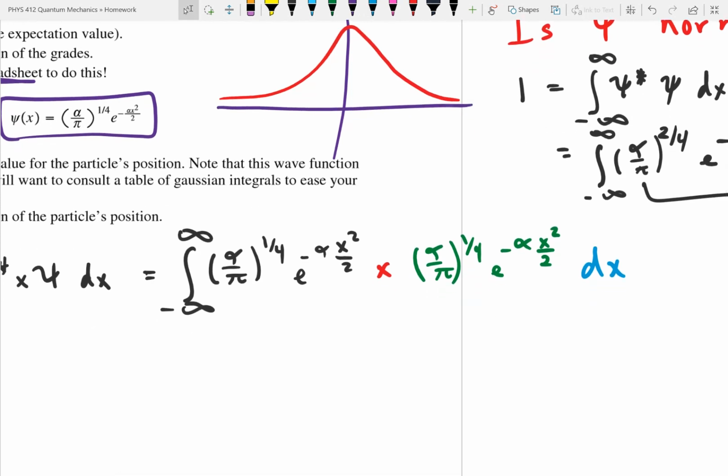And now we can simplify. The x is not going to do anything on the function, right? It's just going to give us back x. So now I can freely rearrange to what you normally would have written out, putting the constant out front.